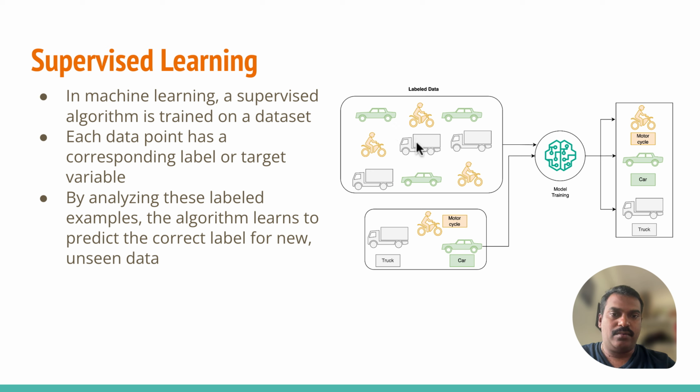Each data point has a corresponding label or target variable. Supervised learning analyzes these labeled examples, and then the algorithm learns to predict the correct label for new data. Then it compares the two, and we use that model. Now this is a truck, this is a car, and this is a motorcycle.